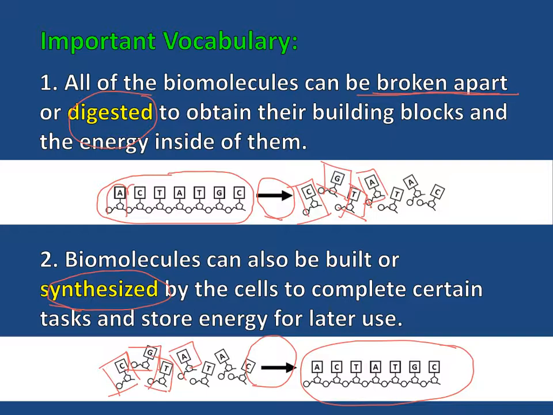At the bottom of your notes, question 19, we're going to have to get the definitions for the word catabolic reaction. And then the second type is an anabolic reaction.